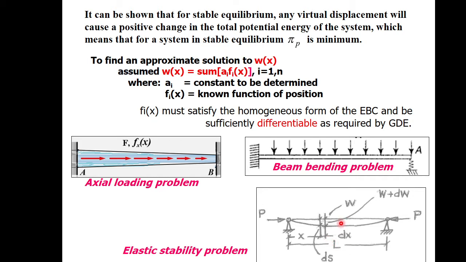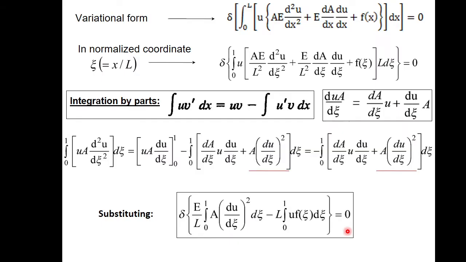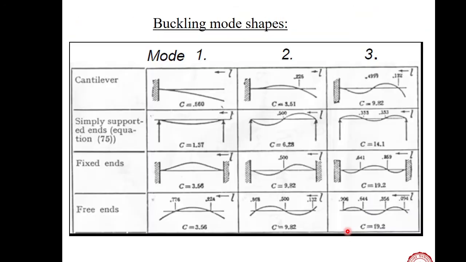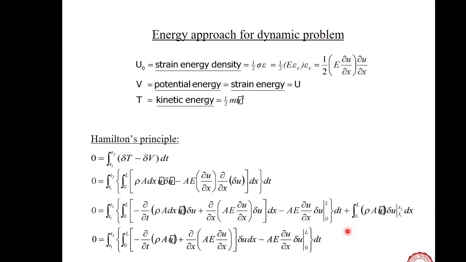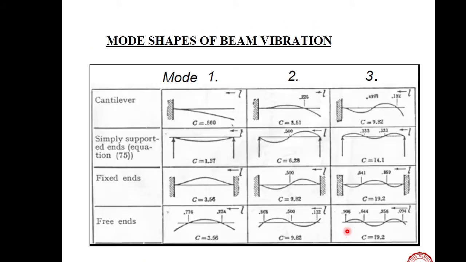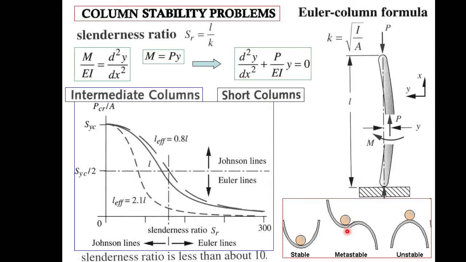Now let us go to this stability problem. In your undergraduate studies you have solved this problem, where an analytical solution is available. This is known as the column stability problem. This analytical solution is available in Timoshenko's Strength of Materials book, or in any other book.